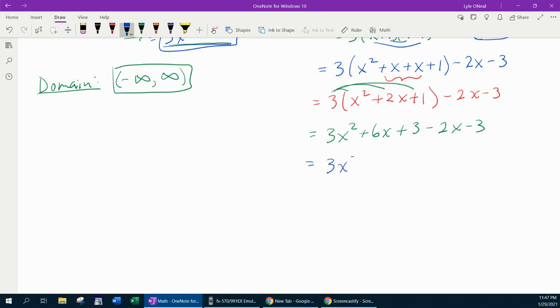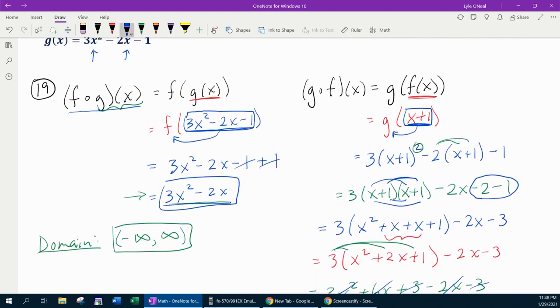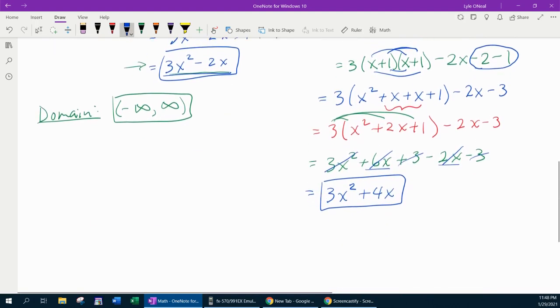I've got a 3x squared. I've got a plus 6x and a minus 2x. 6 minus 2 is 4x. And then look at this. Plus 3 minus 3 cancel completely. And I'm done. There's my answer for g circle f of x.